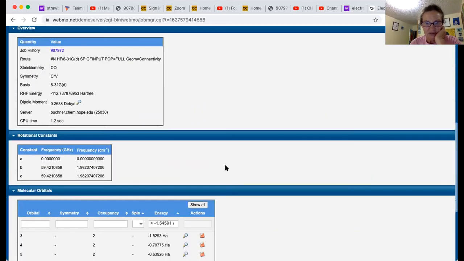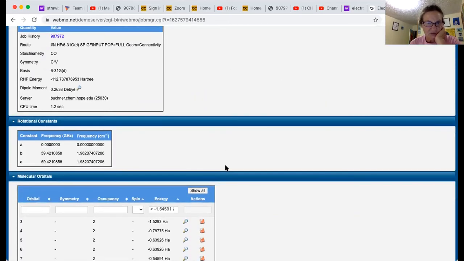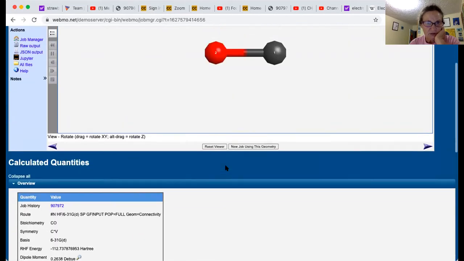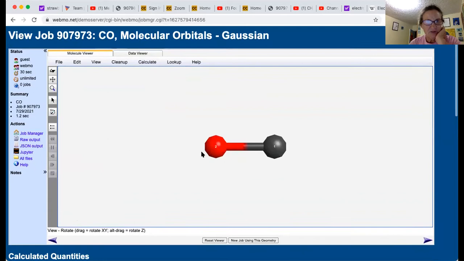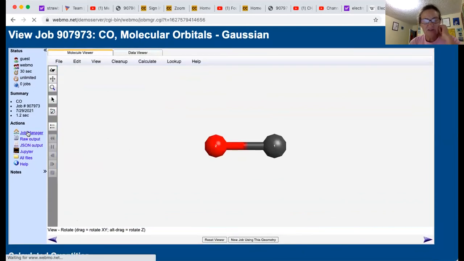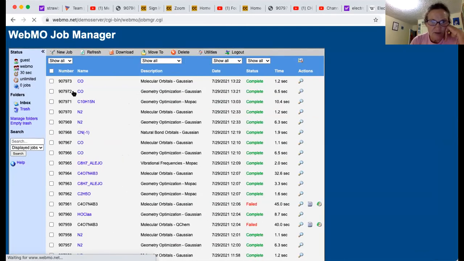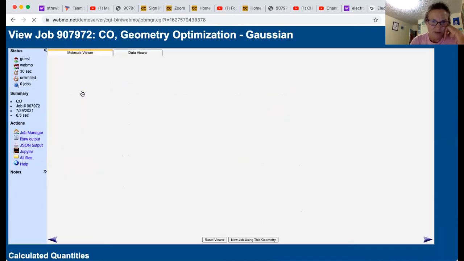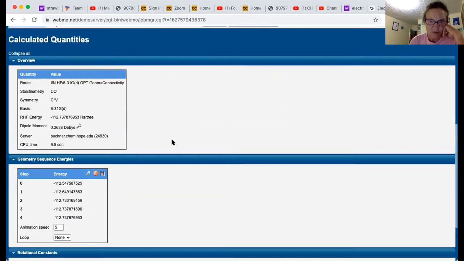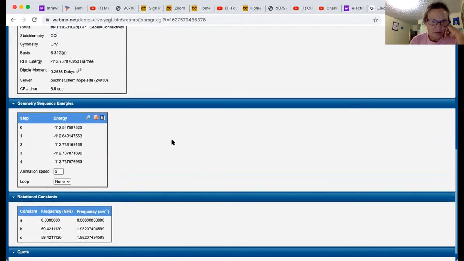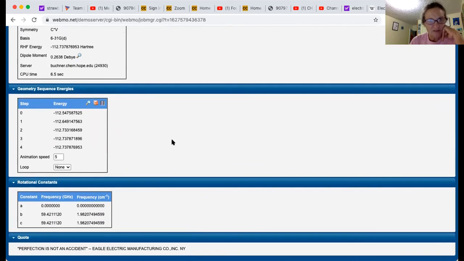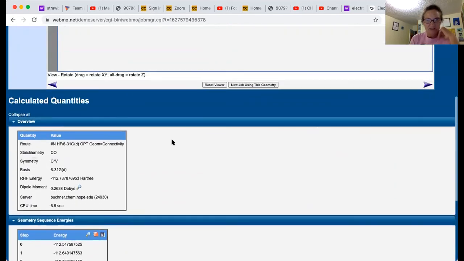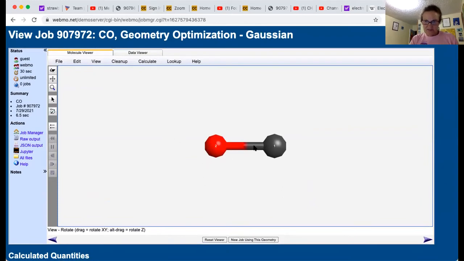And when you go down to the data, it shows you that, I guess we have to do it for the job before this, the one where we did the geometry, just to confirm which atom is 1 and which is 2. Well, based on our understanding of electronegativity, 1 would be the oxygen and 2 would be carbon.